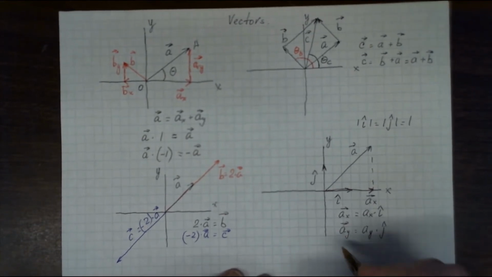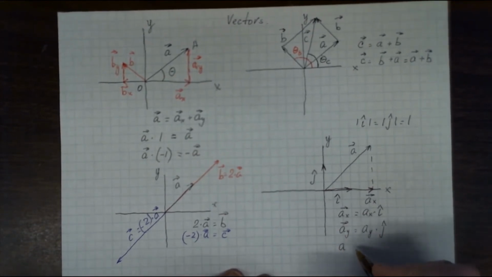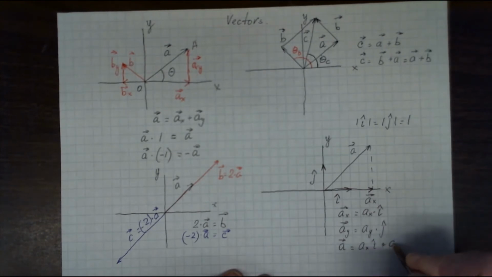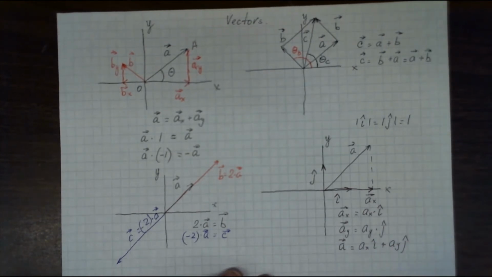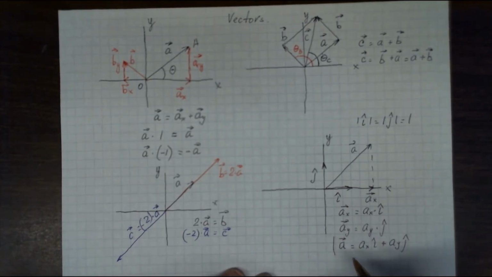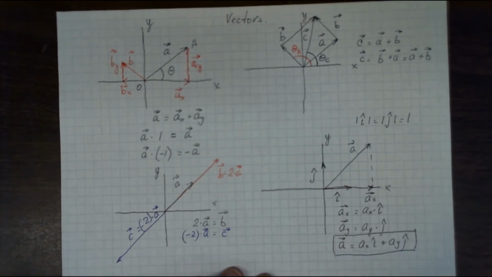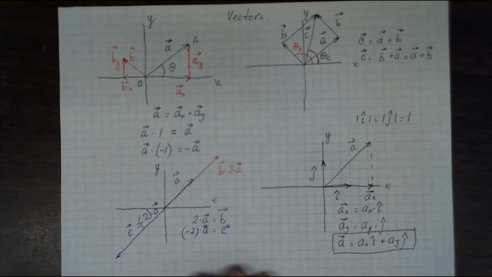And overall, vector A can be represented as A of x i plus A of y j, and the last expression is the so-called vector A in unit vector representation or unit vector notation.